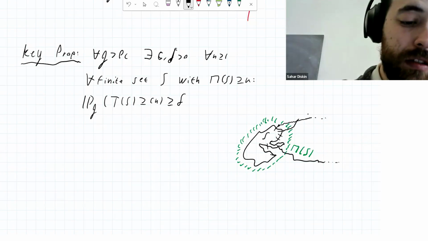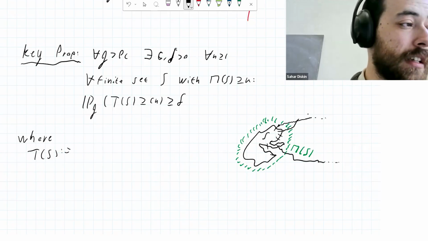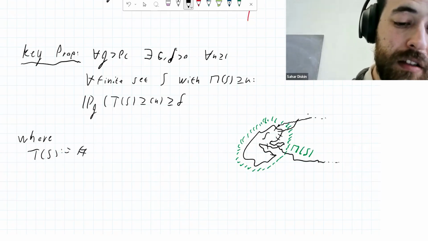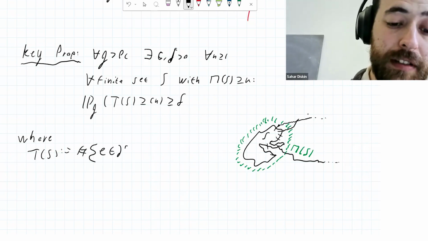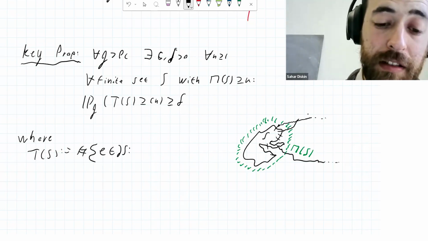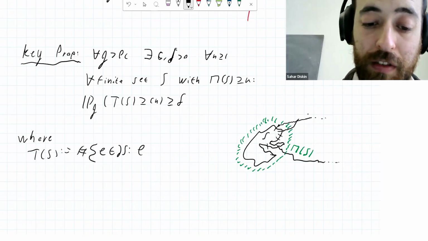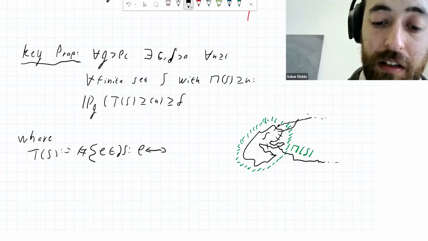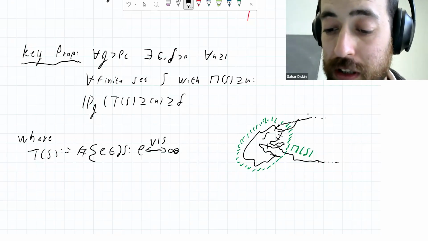So let me write it formally, where T of S is exactly the number of edges in the boundary of S, such that the endpoint of the edge eventually is in an infinite component, but not using anything of S. This is okay as far as I'm concerned, so suppose I have this.